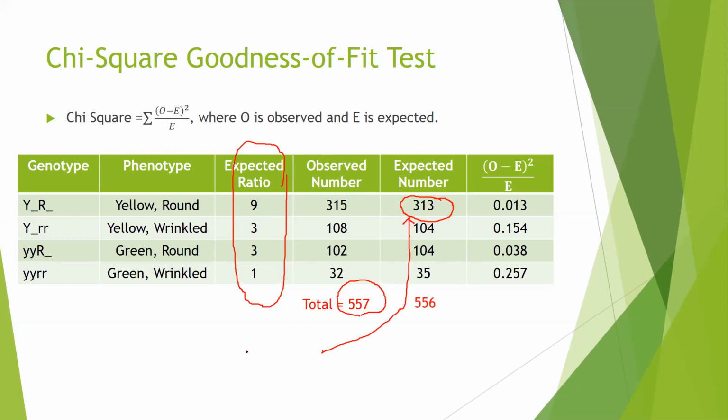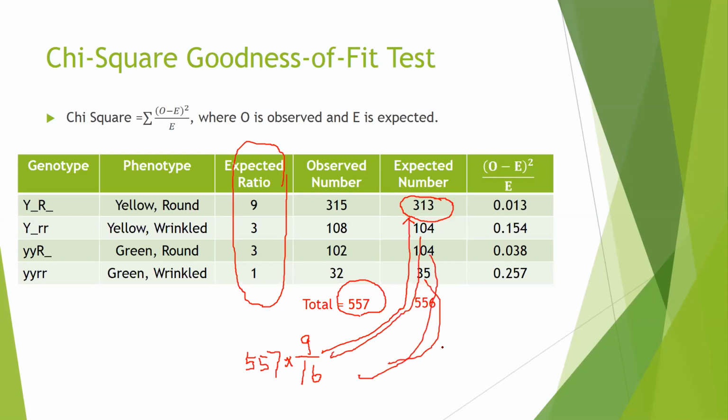We simply multiply the total number, which is 557, by its expected ratio, which is 9 divided by 16. I hope this is clear. So this is how we calculate the expected value for this category, and the same for this one, and this one.